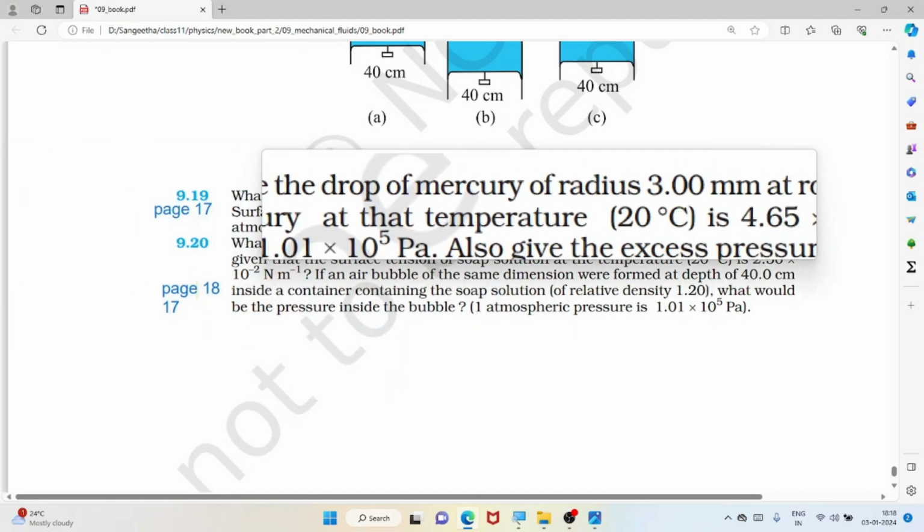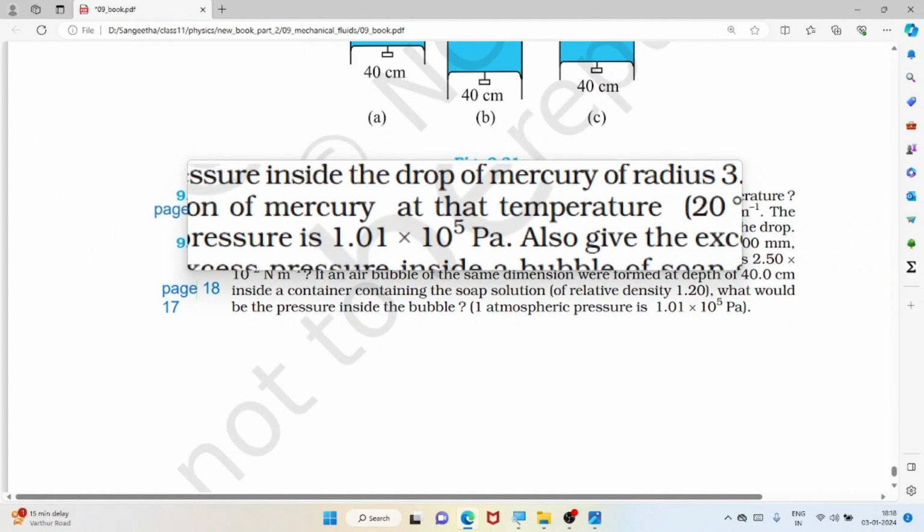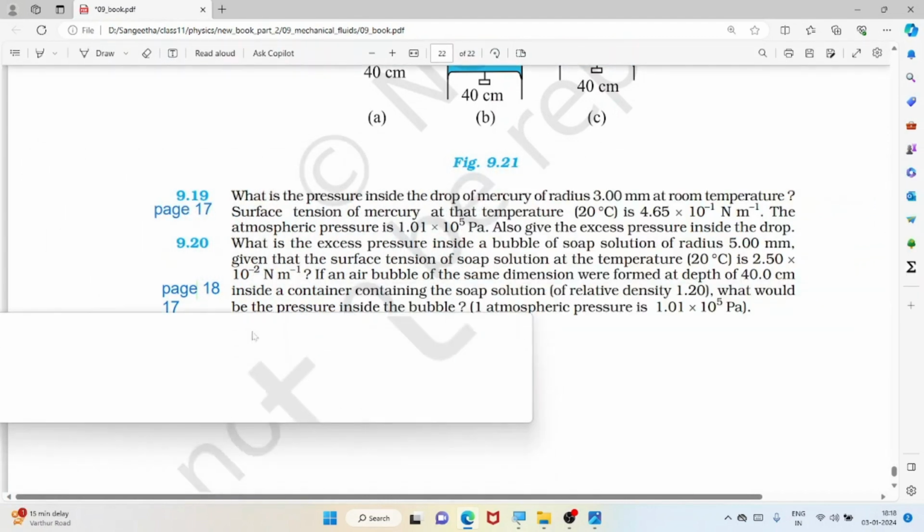What is the pressure inside a drop of mercury of this radius at room temperature? Surface tension of the mercury is given.